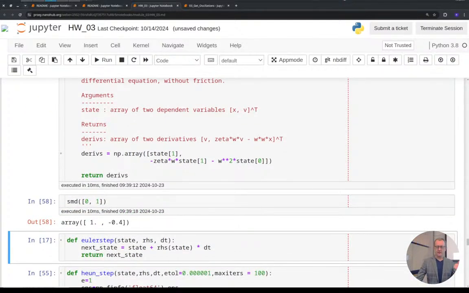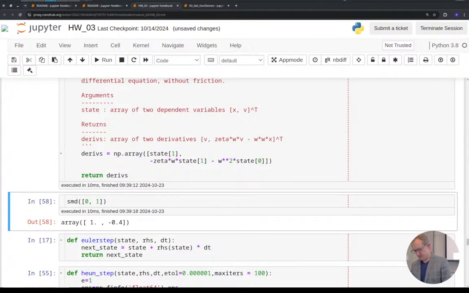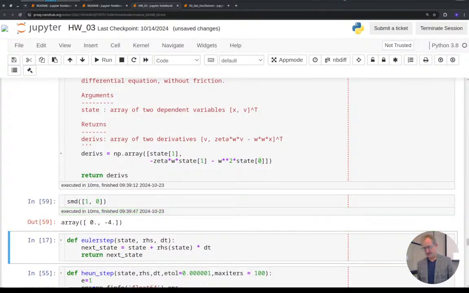So if I'm at 0 position, moving 1 meter per second, then I have negative 0.4 acceleration. So something's pushing me to the left because I'm trying to move to the right. It makes sense. If I increase my position, and let's say speed is 0, now I am being pulled back to 0.